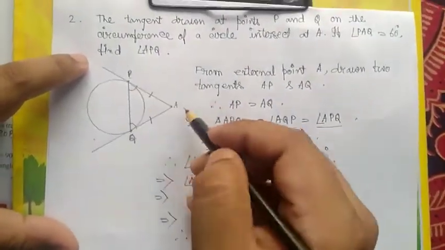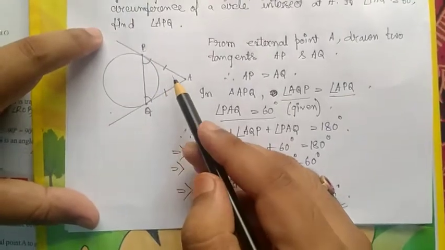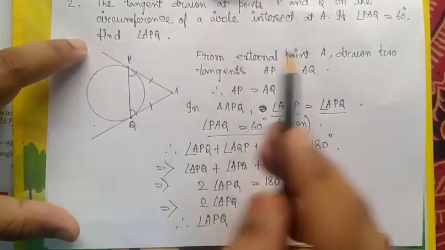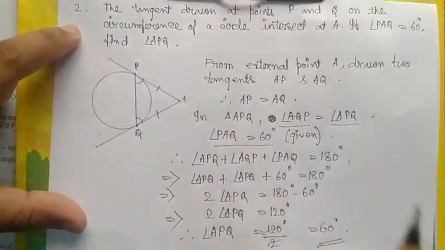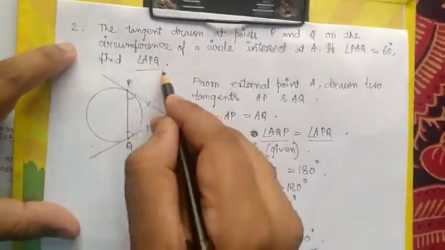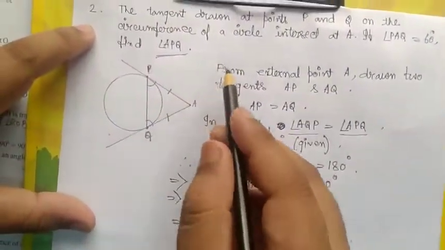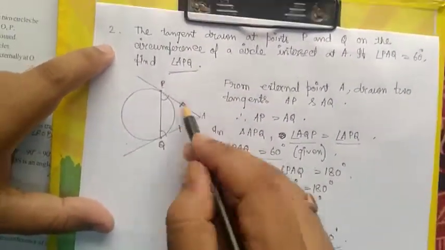So the three angles here are 60 degree. So this is an equilateral triangle. This is a counterpart question. You have to memorize both these things. One is find APQ, and another type of question is state what kind of triangle APQ is.